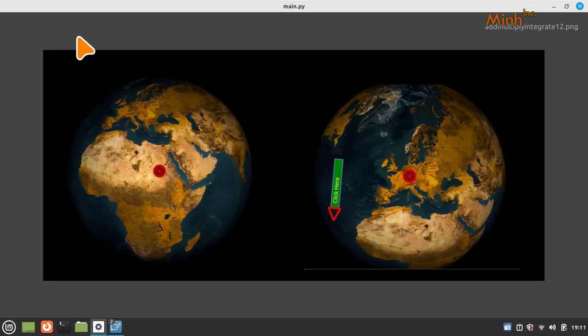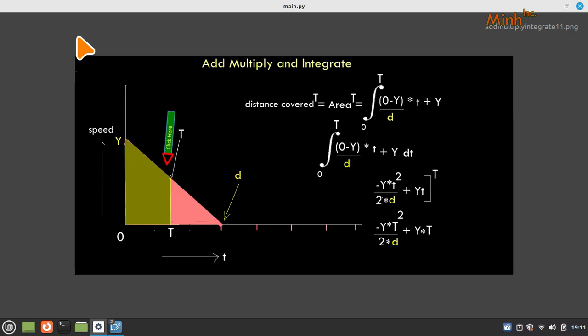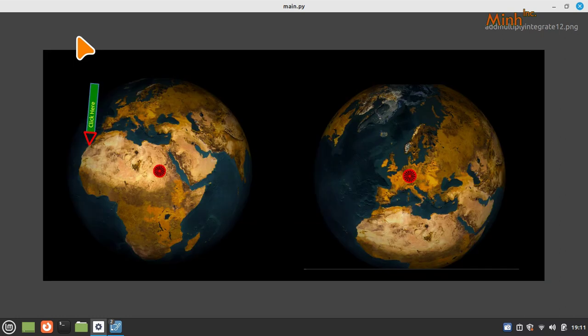In the lab session, we'll place the longitude and latitude of a point on Earth, and Earth should start rotating at a speed y, and it has to rotate till it reaches the latitude and longitude we have specified.